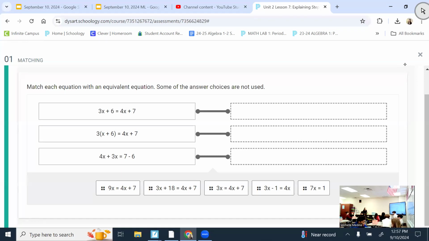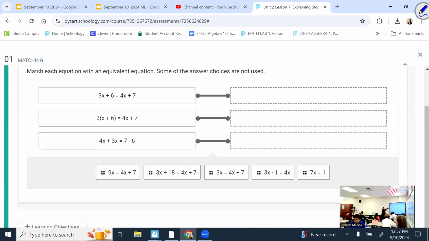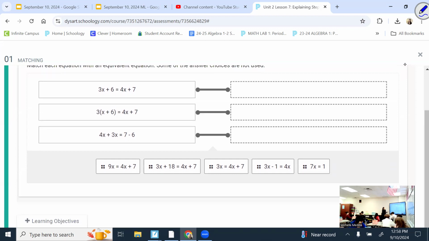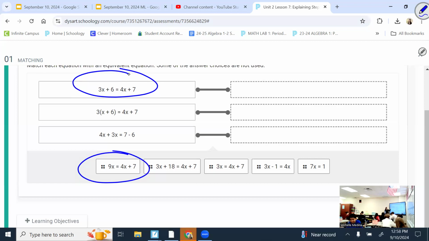So in this one, I don't know if they all have the same answer or not, or if there's differences of answers. So what I would go to is if you can manipulate one to get the other, then they are equivalent. So I would look at my options probably first and see, compare this one to this one. What's the difference between these two?